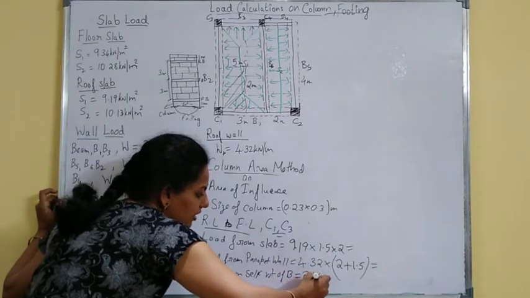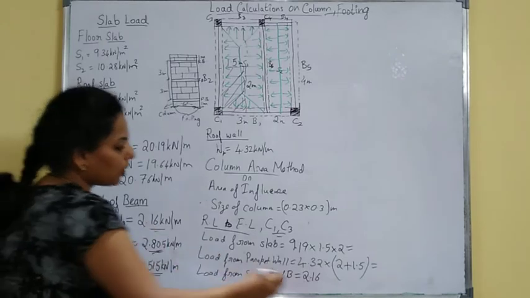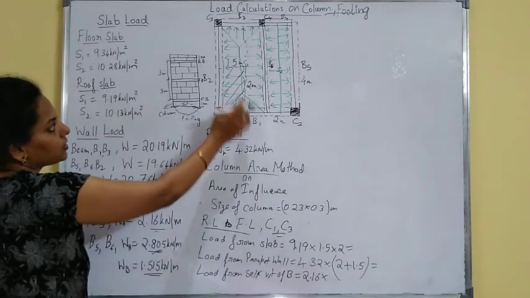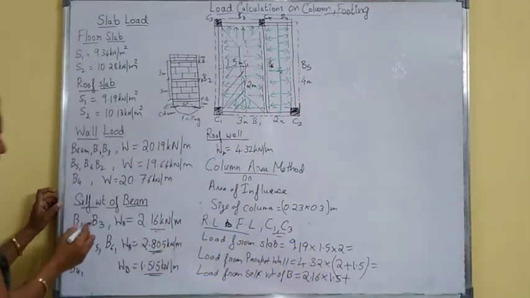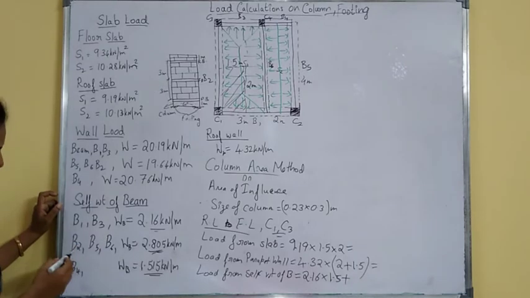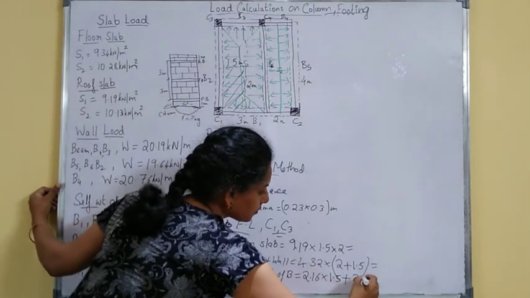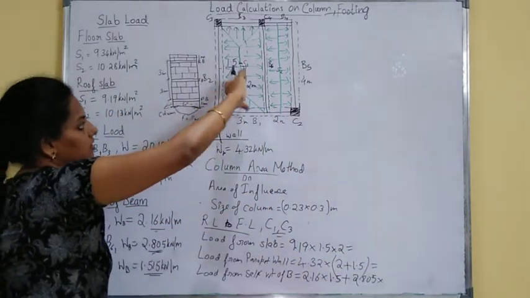All that we have calculated is the factored load, that is multiplied by 1.5. So 2.16 into the B1 distance, this is 1.5, plus B2. The self-weight of B2 is 2.805 into, this distance is 2 meter.